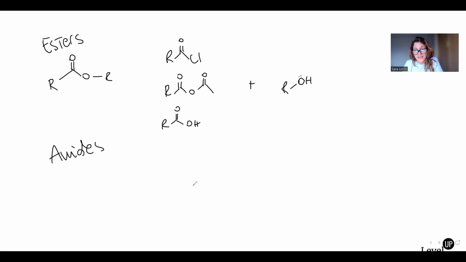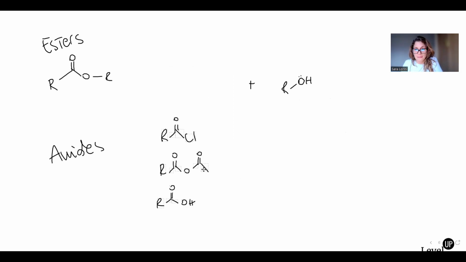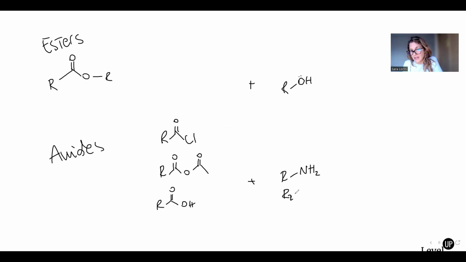And guess what? If instead we have these three molecules, but we react them with an amine, which could be primary in this case, or it could also be a secondary amine or a tertiary amine, we would get amides, which look something like this.